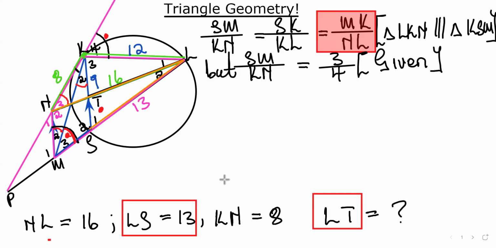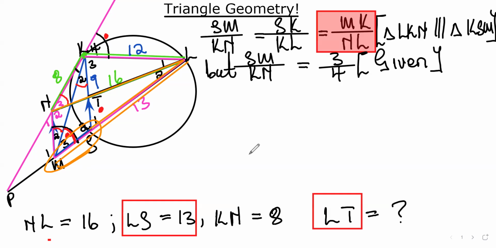And if we have LS, we can actually get LM if we know the length of MS. So MS is just a smaller part of the puzzle that we need to find. If we know MS, then we can just use the proportionality theorem and be glad. But the question is, how can we get MS or SM? That's easy. We know the length of KN, and we know that KN is there in this ratio. SM is there as well.